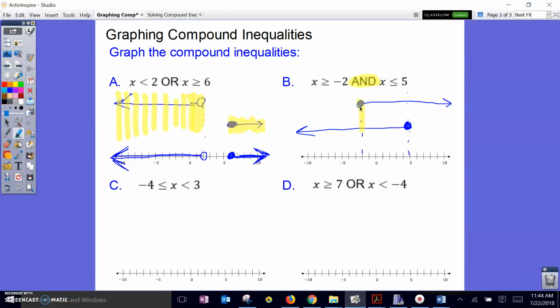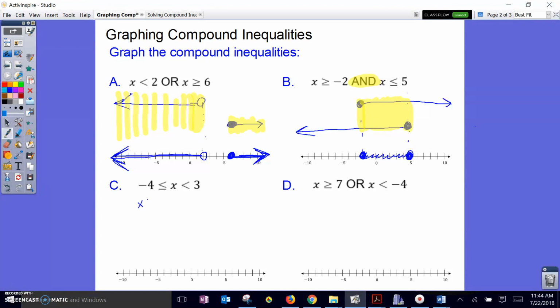Both of them are true right here, and they're both true everywhere in here, all the way over to this boundary. Once we get past that point, we're back to the stage where only one of them is true. So we want all the values starting there, ending there, and everything in between. And that's the graph of x is greater than or equal to negative 2 and x is less than or equal to 5.